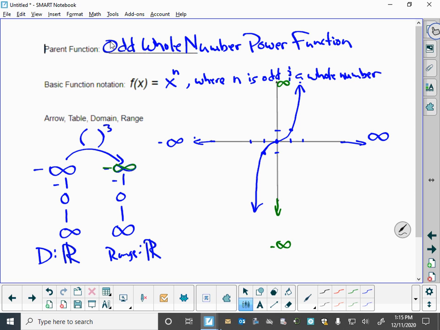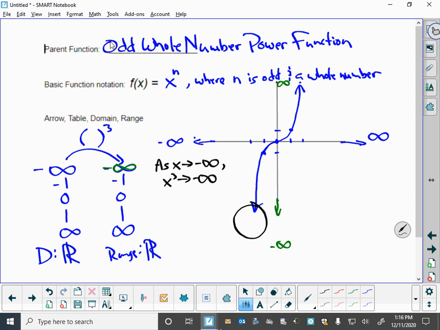We would say something like, as x goes toward negative infinity, f of x, in this case x cubed, goes toward negative infinity. That's giving the general direction of what's happening here. The farther left I go, the farther down I go.